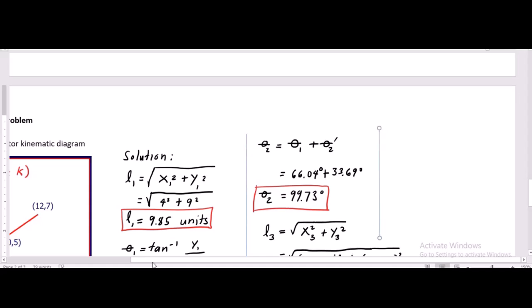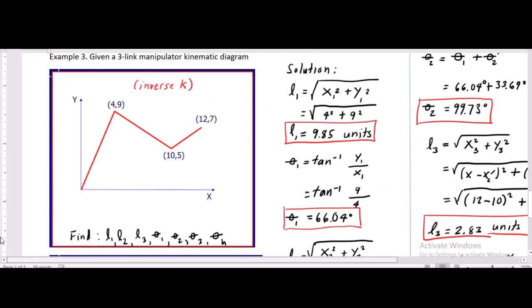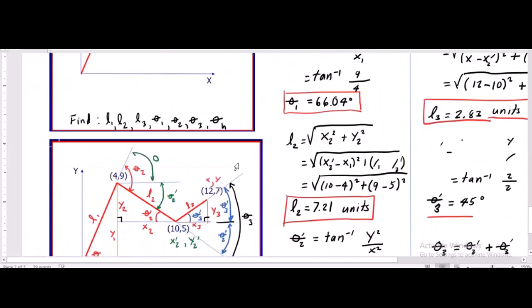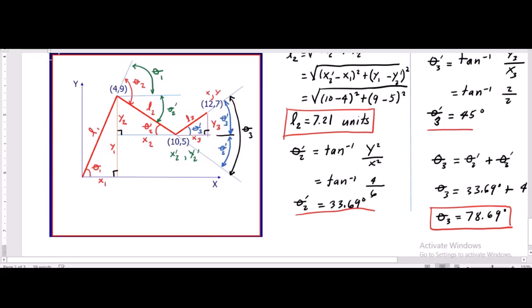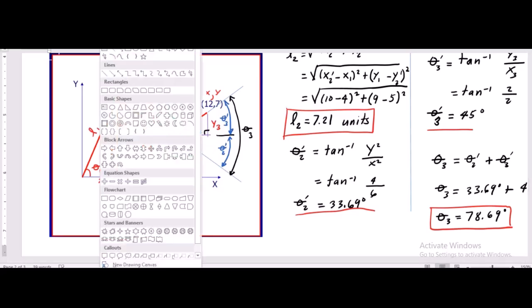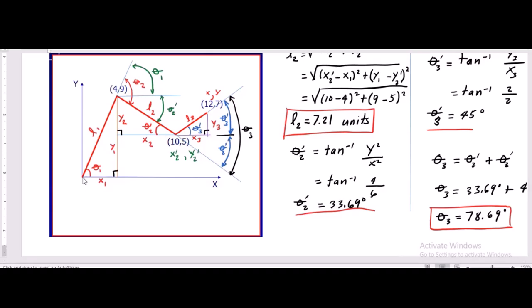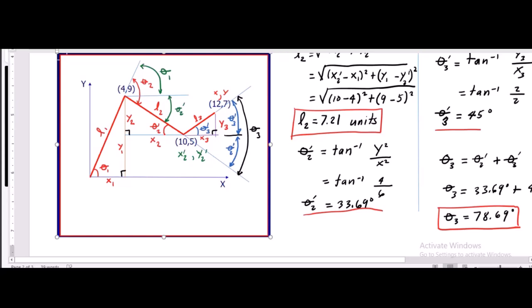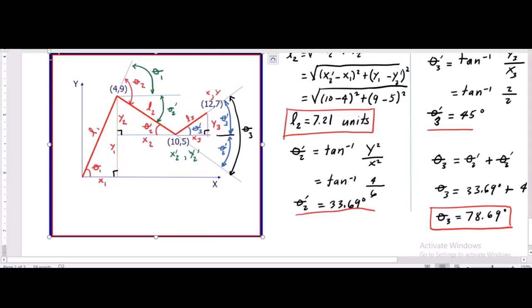Our last problem is to determine the theta h. So where's the theta h? Just draw a line from the origin. Where is that? It's the line from here to the end effector. So this is our theta h.